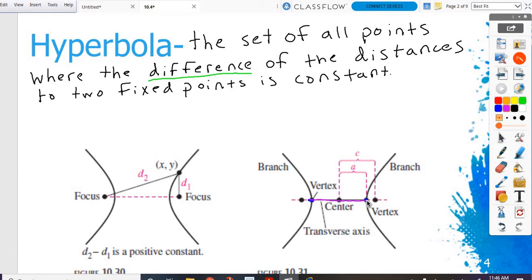It just has a different name when we're talking about a hyperbola. Our distance from the center to the vertex is still going to be A, and the distance from the center to the foci is still going to be C.